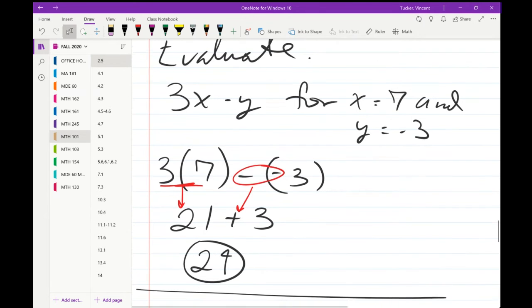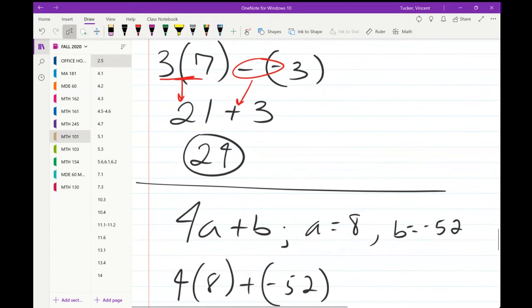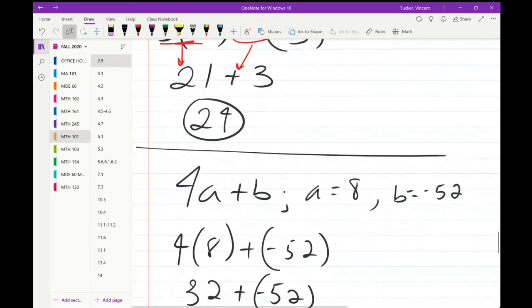All right. Next one, 4a plus b. So a is equal to 8, b is equal to negative 52. Plug them in accordingly.